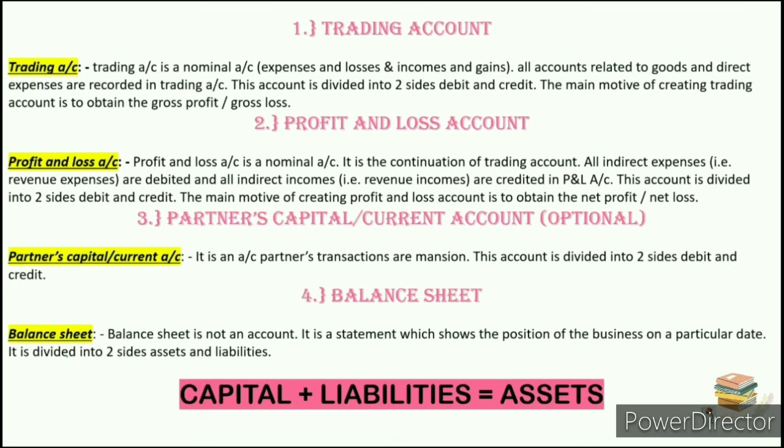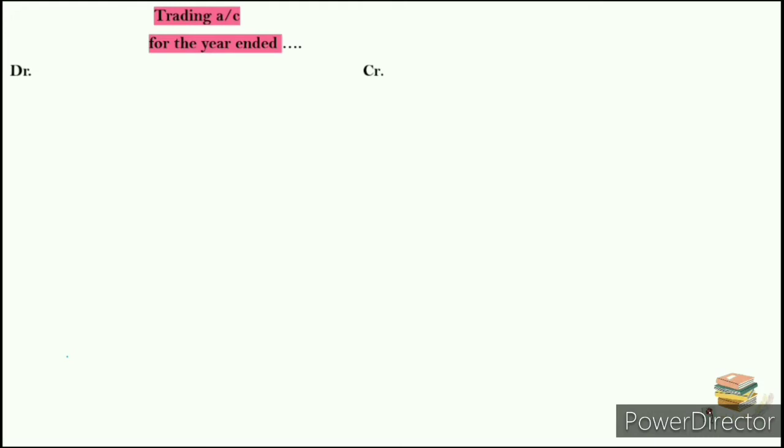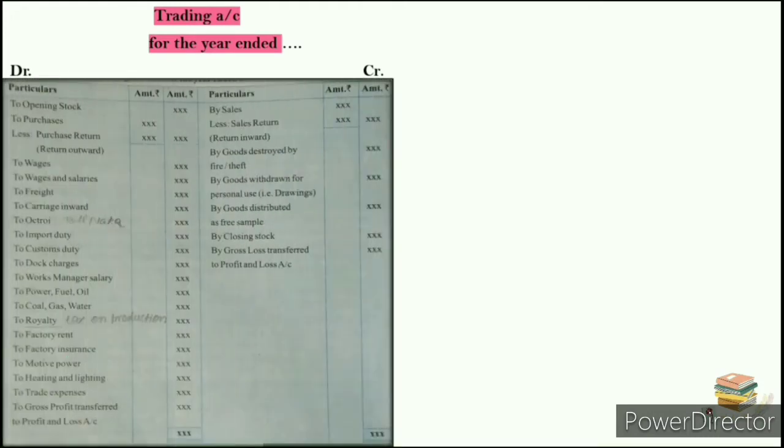Let's move further on to the pro forma of trading account. Trading account for the year ended. After year ended, you need to mention the date, then debit side and credit side. A T-shaped format is to be followed as shown in this picture.